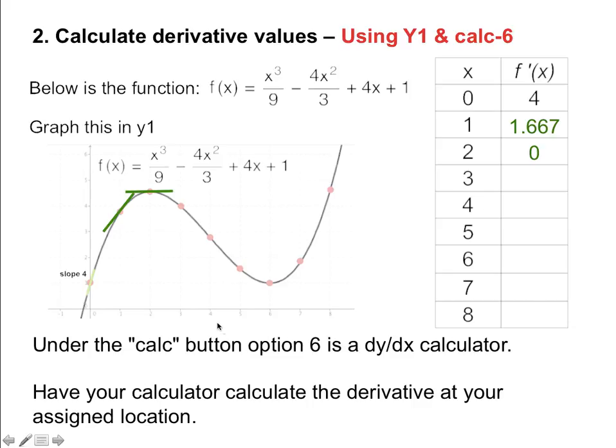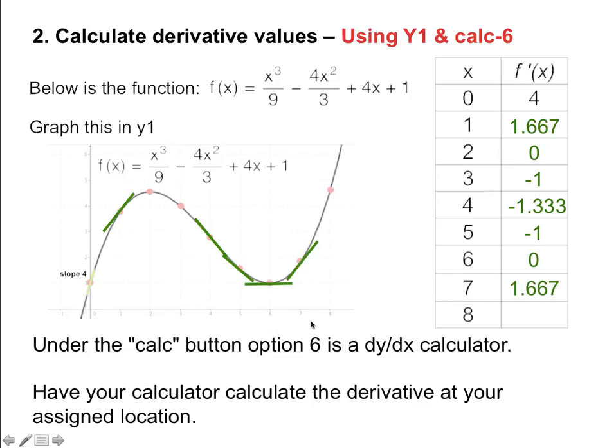Then we're going to type in a value of 2, so second Calc 6, and then x equals 2, and you get a value of 0. When we do x equals 3, we get a value of -1. When x equals 4, we get a value of -1 1/3. When we do an x value of 5, we get a value of -1. When we do an x value of 6, we get a value of 0 again.